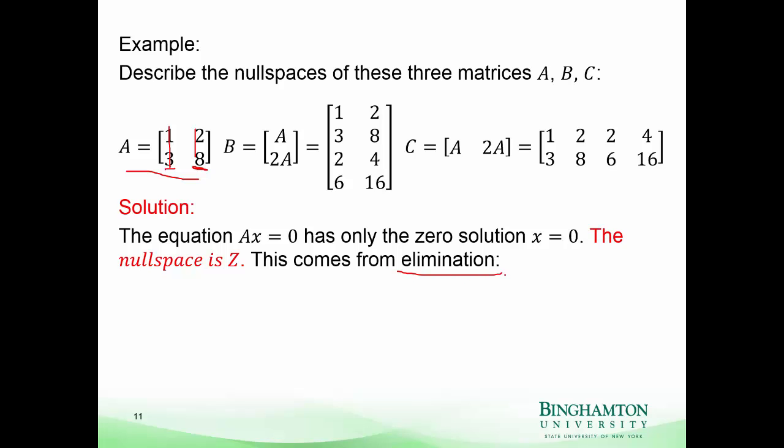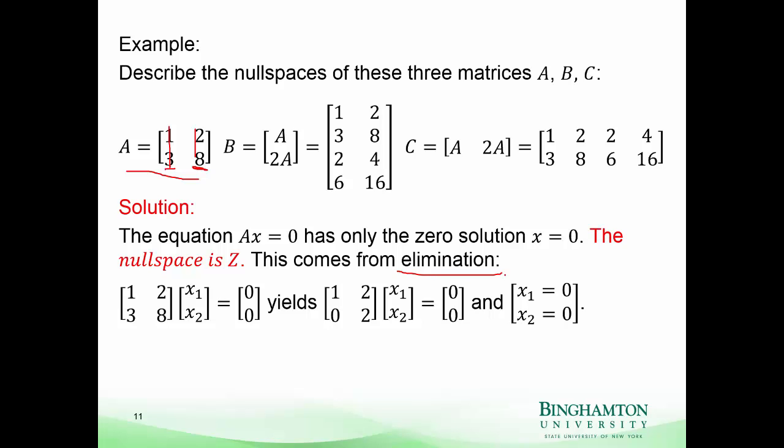If we do elimination on this, here's our starting system, and then after elimination we get to something that looks like this, and from that we can see we've got an upper triangular matrix here. So our first solution is x2 is equal to 0. Now do back substitution. We let x2 be equal to 0 for this top one, so we have 1 times x1 is equal to 0, which gives us that x1 is also 0.